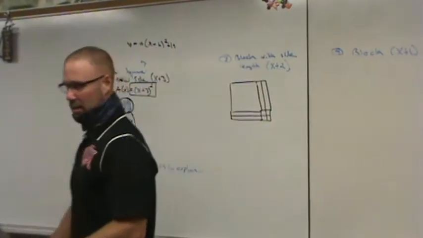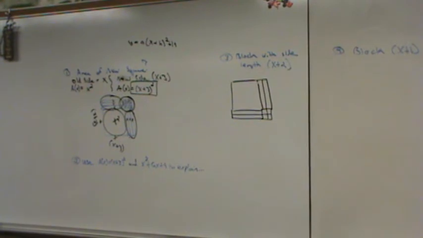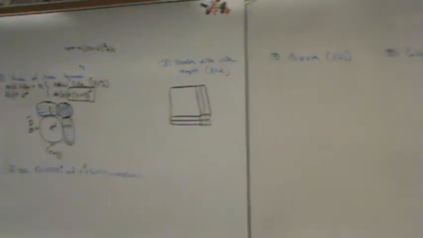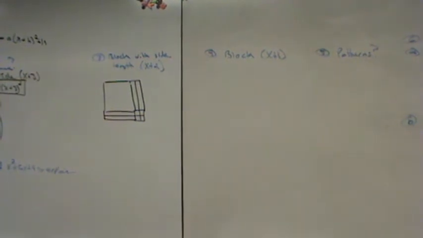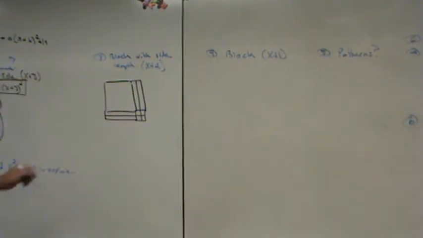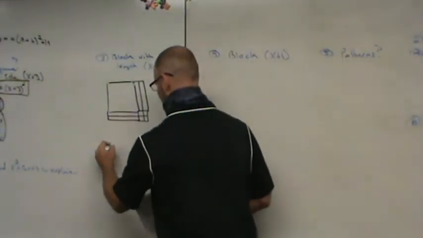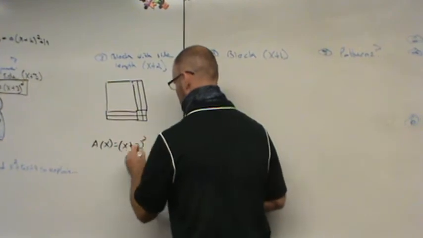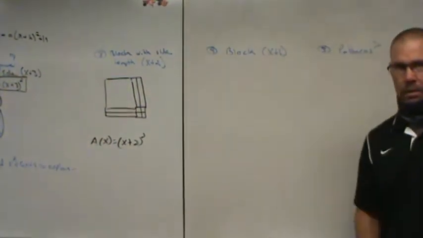So here's my basic model. I added 2 to each side. If I add 2 to each side, what's my problem going to be? Well, I can have 2 expressions for this. I can have one where the area is equal to x plus 2 squared. And what's the other one?